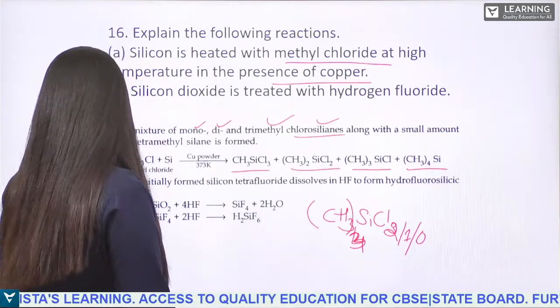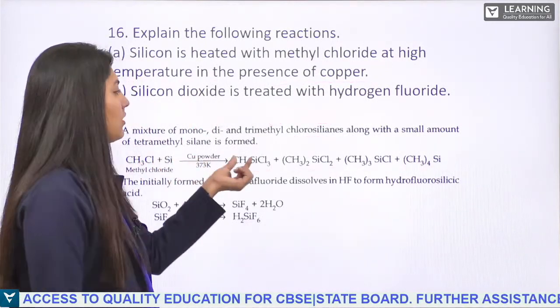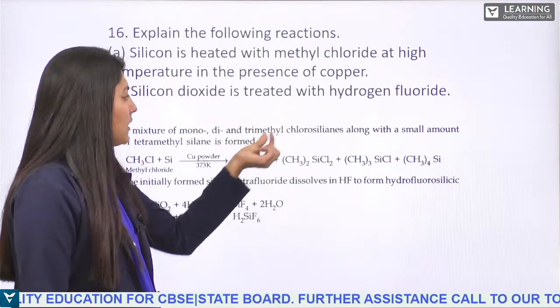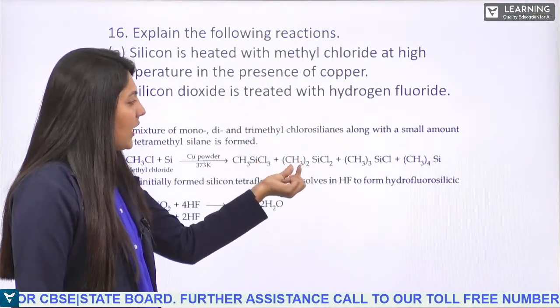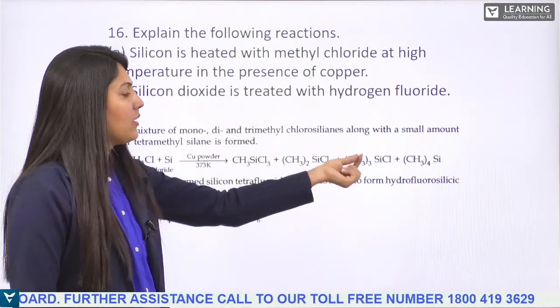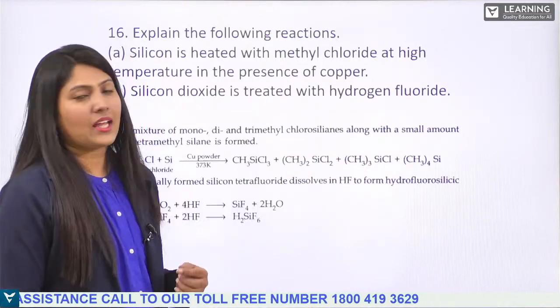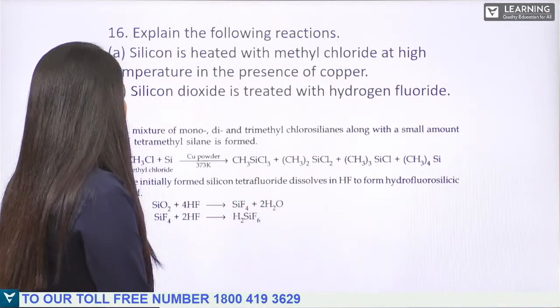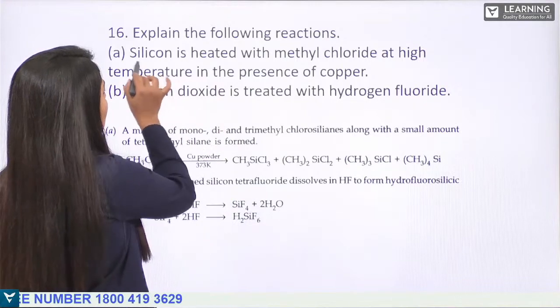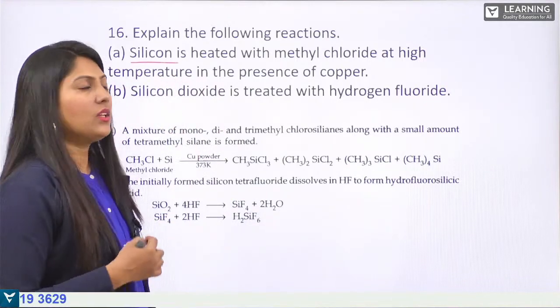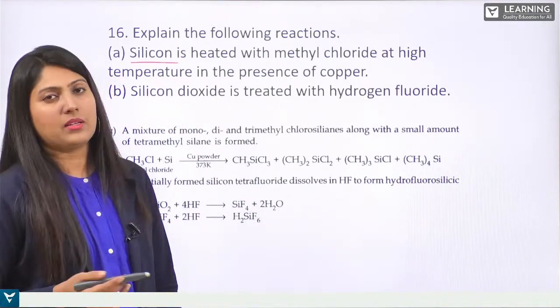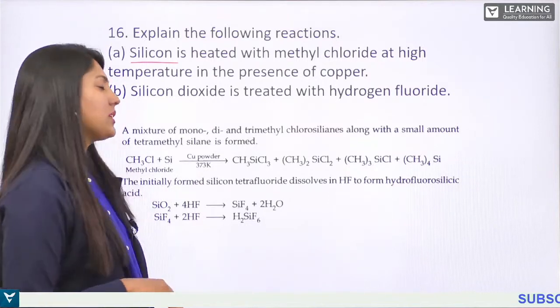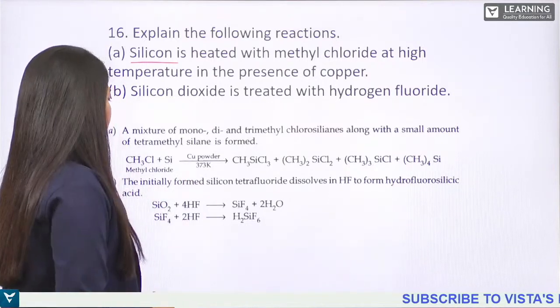Okay. So here we are getting methyl chlorosilanes. So dimethyl chlorosilane, trimethyl chlorosilane and tetramethylsilane will be formed when silicon is reacted with methyl chloride at higher temperature around 373 Kelvin and in presence of copper.